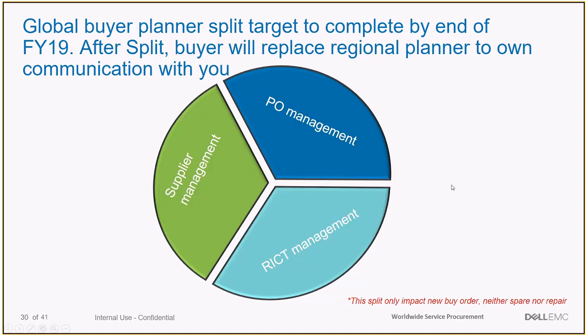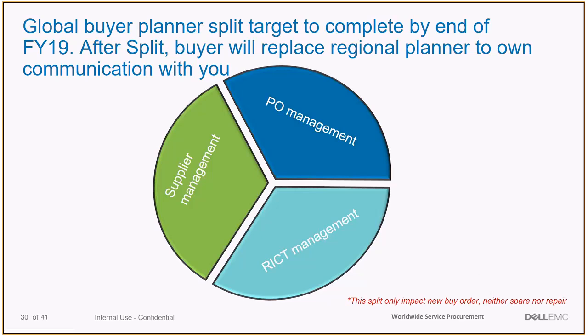Okay, but since we are not onboarded, we still deal with the planners. But once onboarded, you need to contact the buyers. And as I told you before, it is for service only. It is for new buy orders only. Okay, we still do not touch the spare or repairs. So that's service new buy PO.